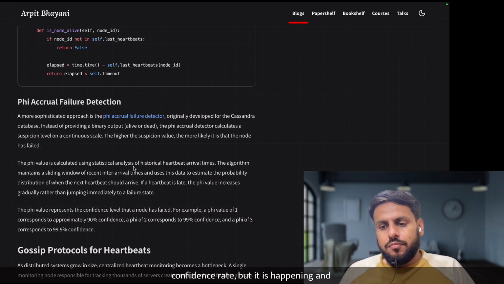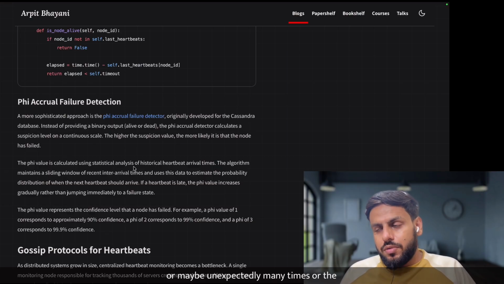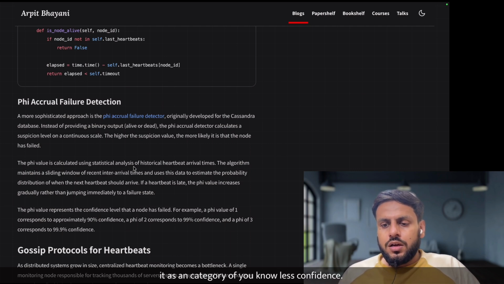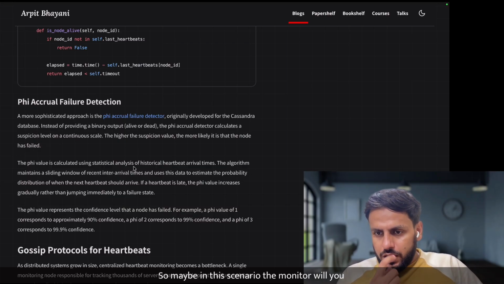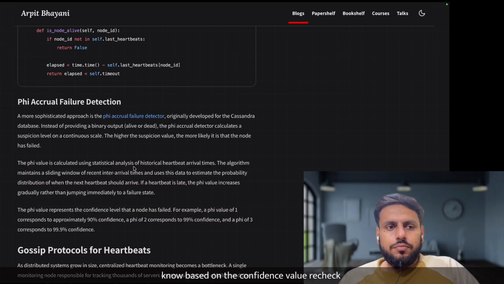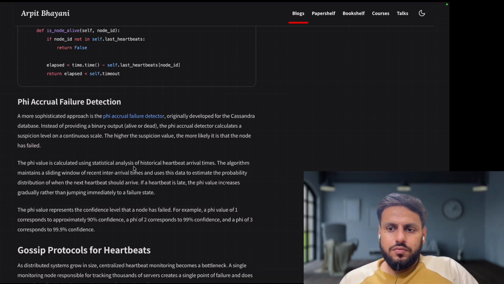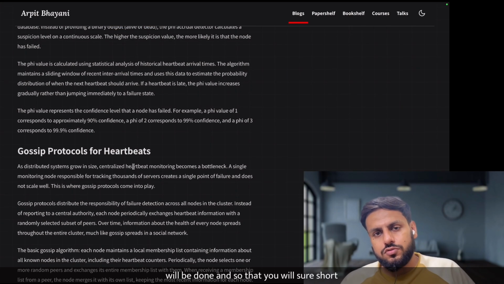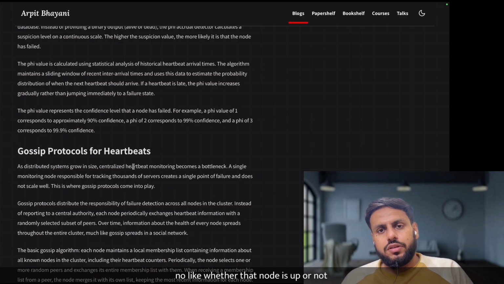But if the delays are happening unexpectedly many times, or recently, then the algorithm may put it in a category of less confidence. In this scenario, the monitor may, based on the confidence value, recheck by a pull mechanism or some other analysis, so that you know for sure whether that node is up or not.